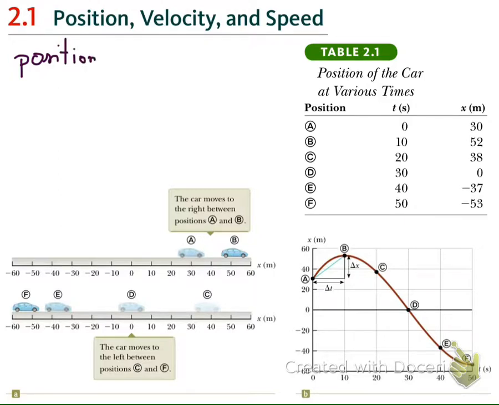Remember that here we will use the concept of the particle in our study. So, when we talk about the position, the position is defined as the location of the particle.